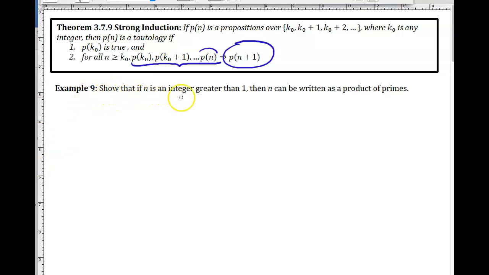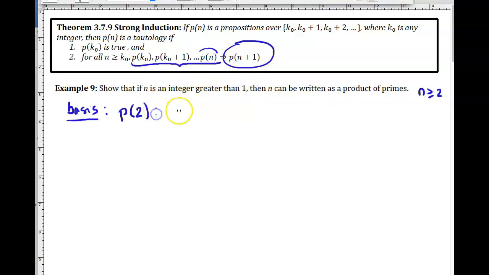Show that if n is an integer greater than 1, then n can be written as a product of primes. Okay, so let's start with the basis step. The basis step: n is greater than 1, so we want 2, because we're looking for n bigger than or equal to 2. And because 1 is not prime itself, it doesn't make sense to start at 1.